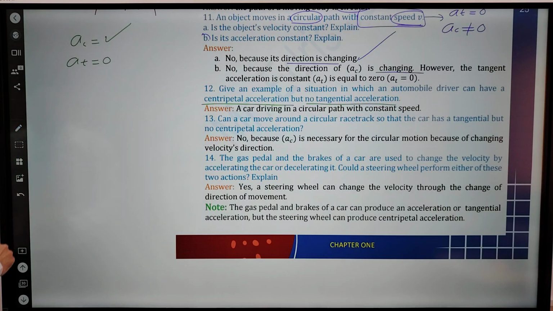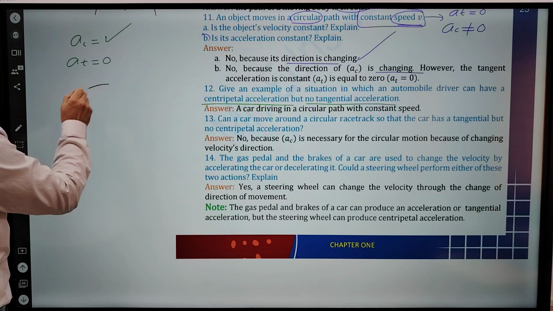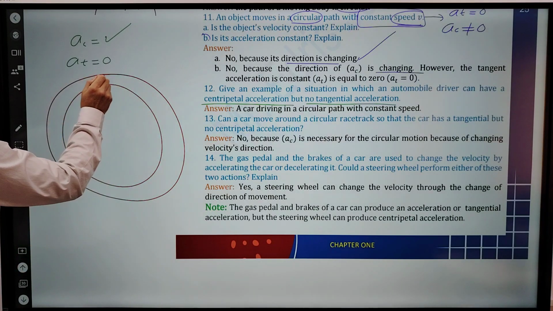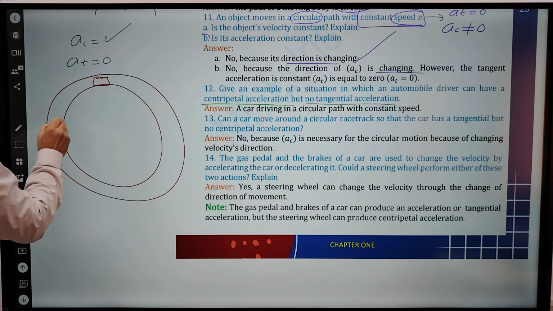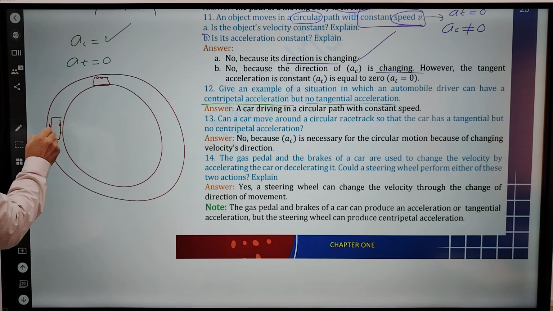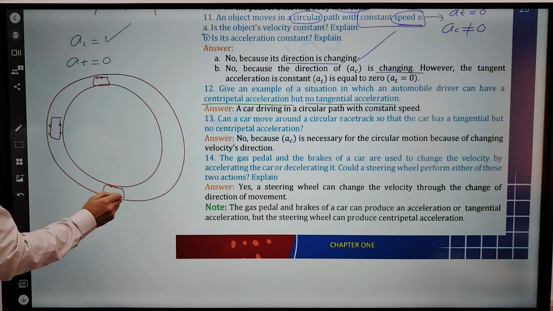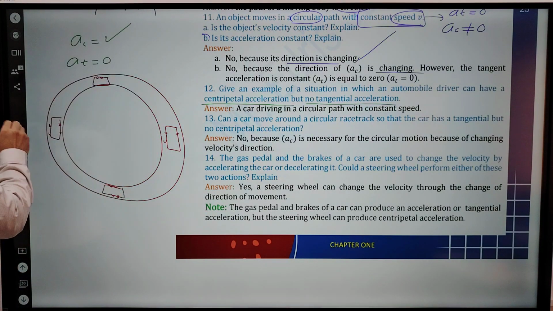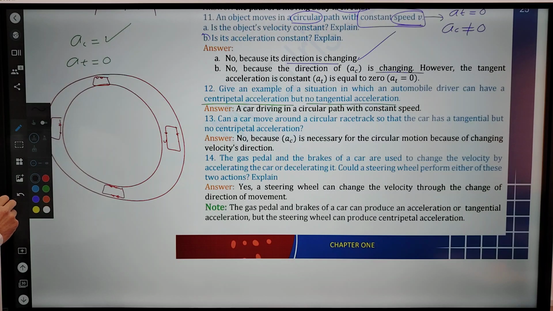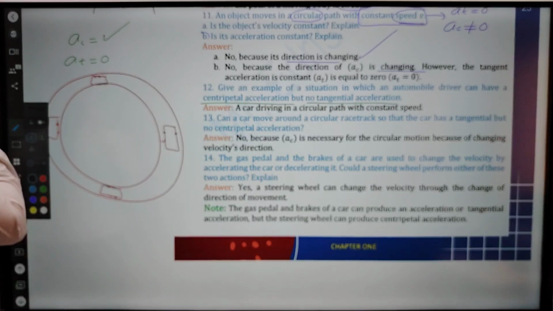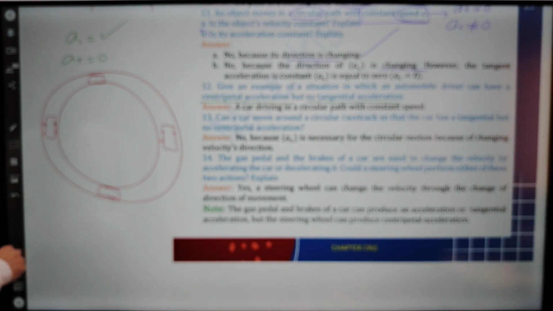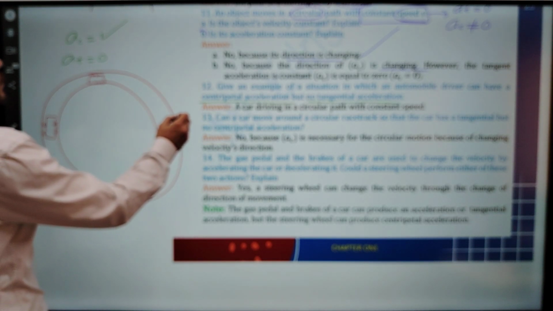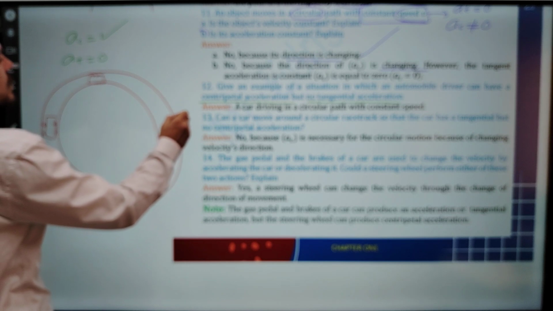In the case when the car is moving in a circular path with constant speed. Don't say constant velocity, please. When does the object have centripetal acceleration but not tangential acceleration? When the speed of the car doesn't change, or at constant speed.